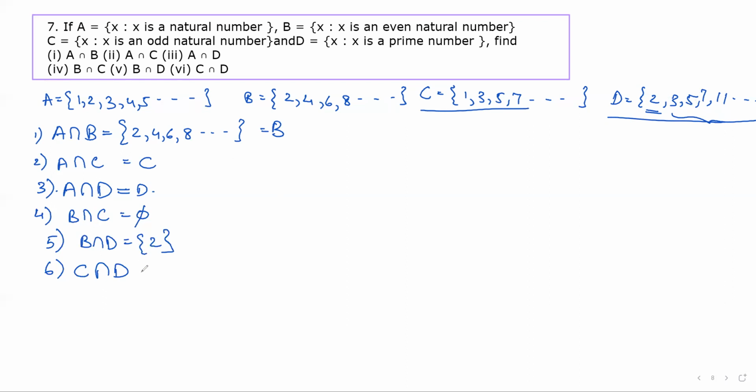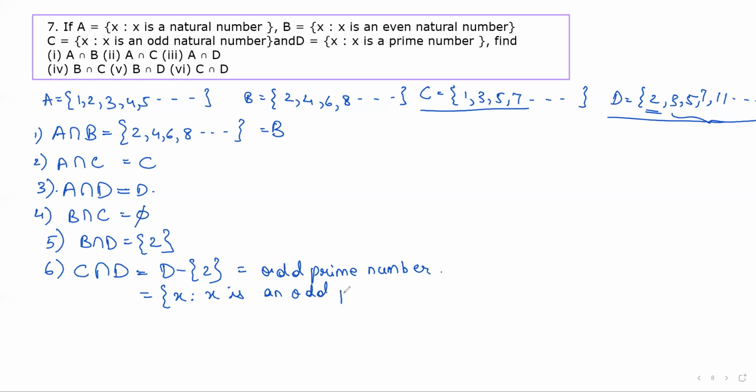So you can call this D minus 2, or you can call this odd prime numbers. In set-builder form, you'll write something like: this is the set of all x such that x is an odd prime number.